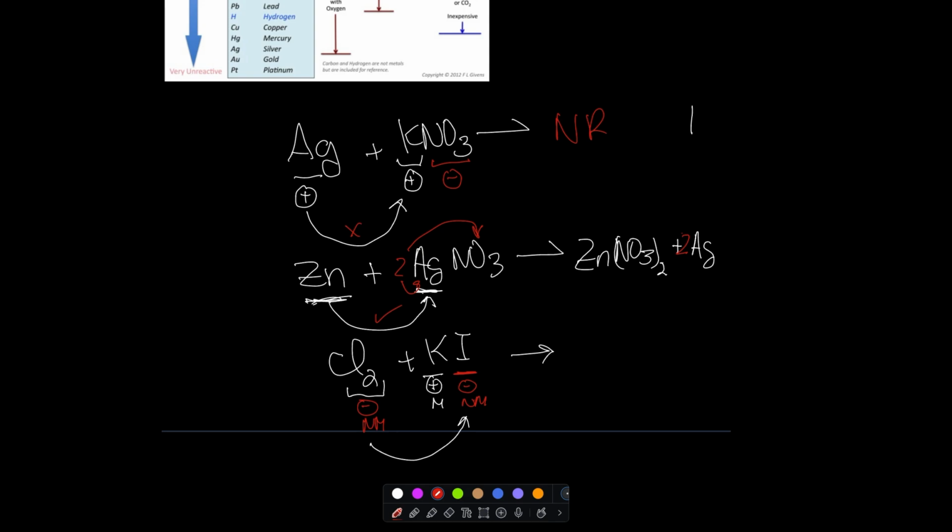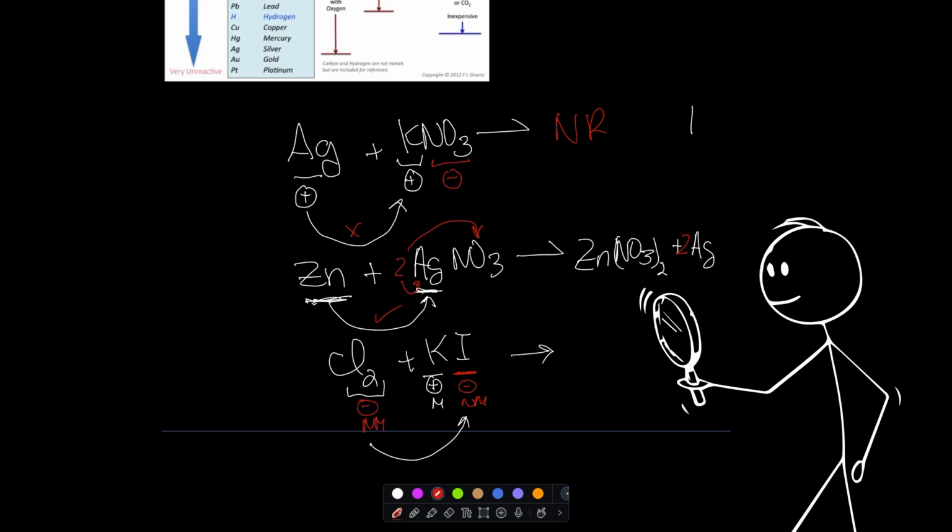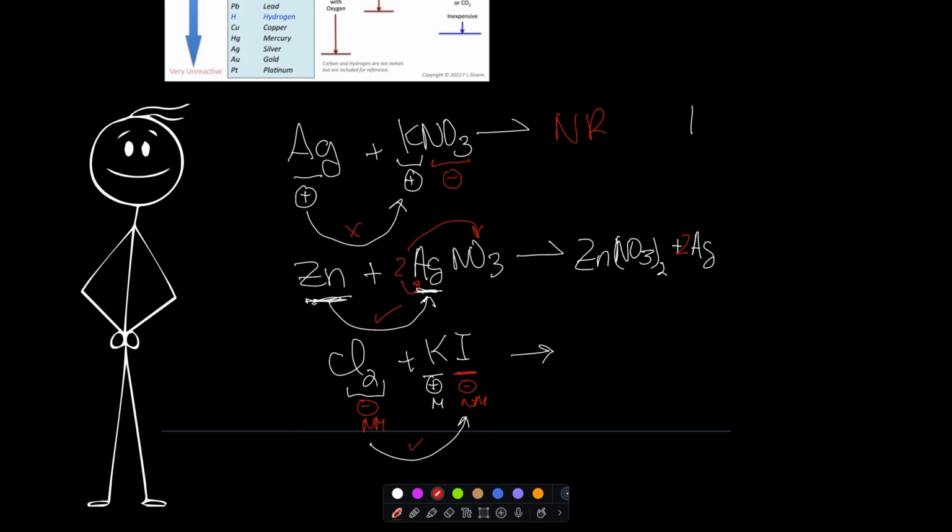And chlorine, because it's a halogen, happens to be actually higher on the list. It's not shown over here, but it happens to be higher on the list. And so because it's higher on the list, we can proceed with our reaction.